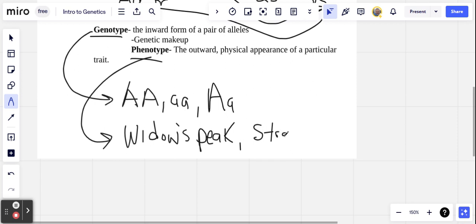And there's another one: bent little finger is a trait everybody either has or doesn't. You can also have tongue rolling, so that either they can roll their tongue or they can't. Blue eyes, green eyes, brown eyes, that's a phenotype. But for all those phenotypes, there's also a genotype that is either homozygous dominant, homozygous recessive, or heterozygous.